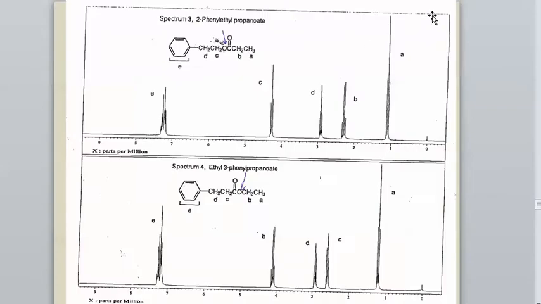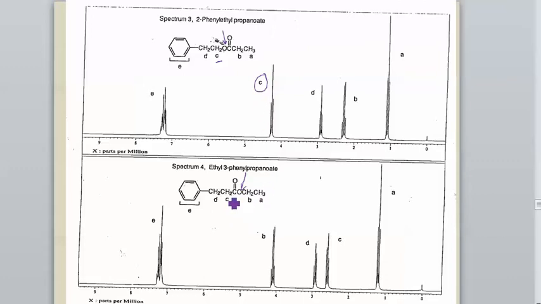Back up, and you can see if you look down at the way these are coded here, what's labeled as the C hydrogens. Notice that C there is telling me that this peak goes with those 2 hydrogens there, and that is a triplet because it should be split as such.